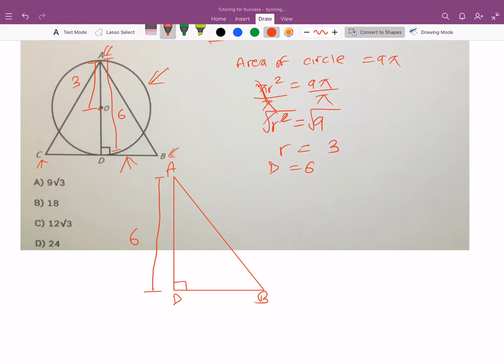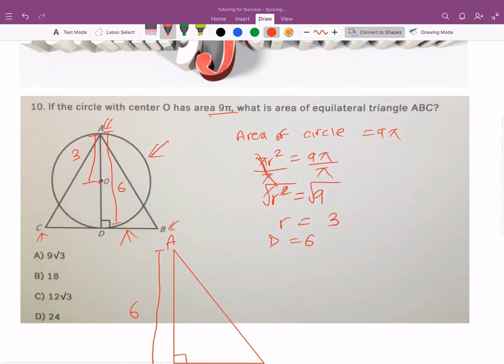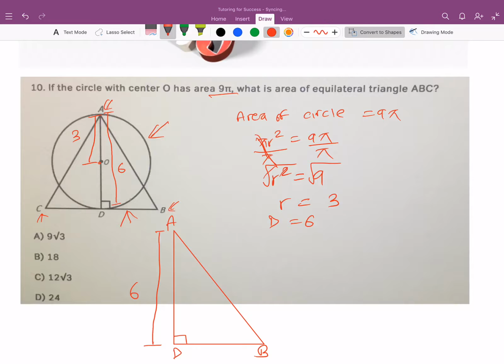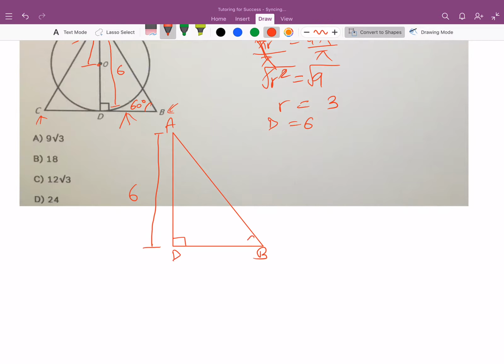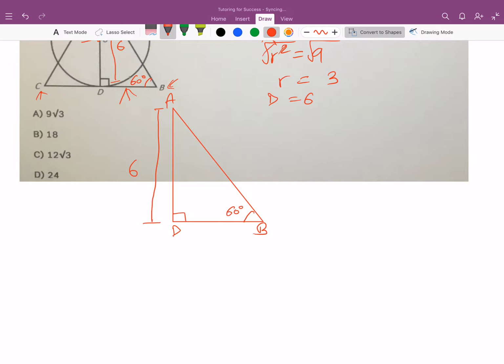We know from the problem that triangle ABC is an equilateral triangle, so this angle, one of the three angles in my triangle, is 60 degrees. If I find the remaining side, finding the area of my triangle will be much easier.